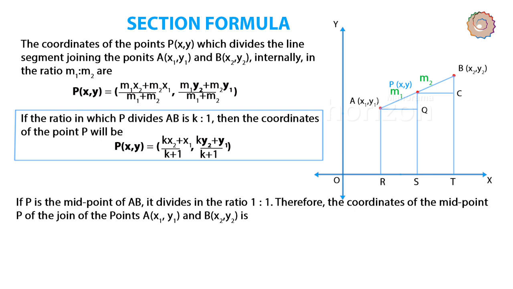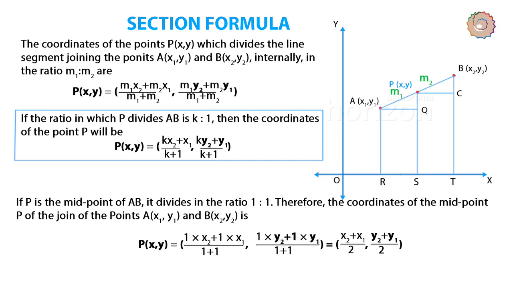Therefore, the coordinates of the midpoint P of the join of the points A (x1, y1) and B (x2, y2) is P(x, y) equals ((1 into x2 plus 1 into x1) divided by (1 plus 1), (1 into y2 plus 1 into y1) divided by (1 plus 1)), which is equal to ((x2 plus x1) by 2, (y2 plus y1) by 2). Now let's work out a problem.